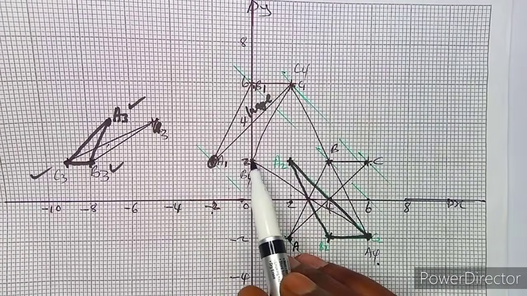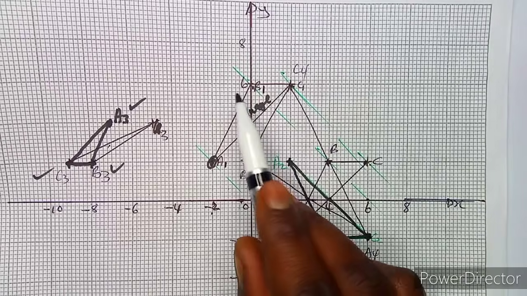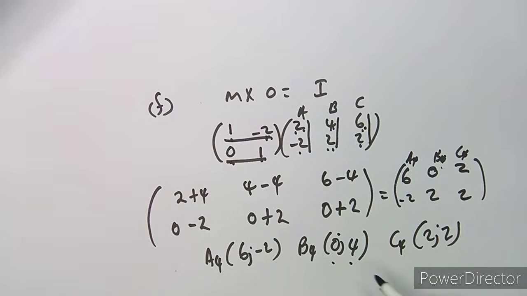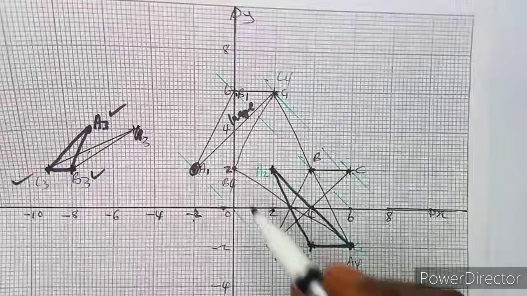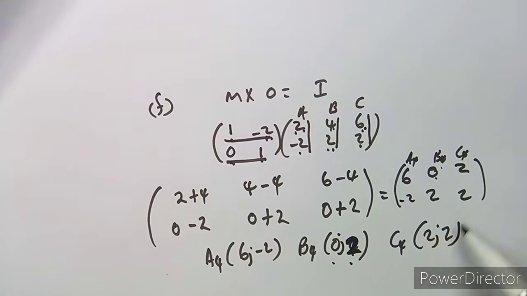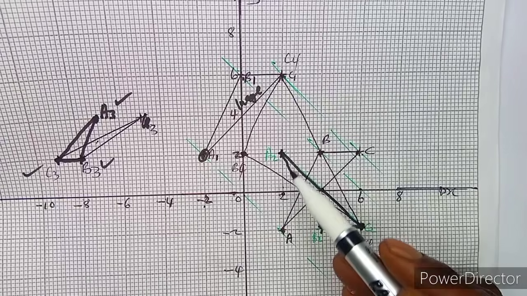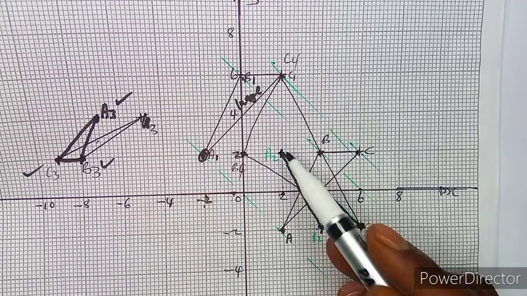0, 4, 0, 4. This one 0 versus 4 here. That is where we are going to have our B4, guys. That's 0, 4 or 0, 2. Guys, I'm tired. That's 0, 2 here, which is this point, and 2, 2, which is 2 versus 2 at this point.